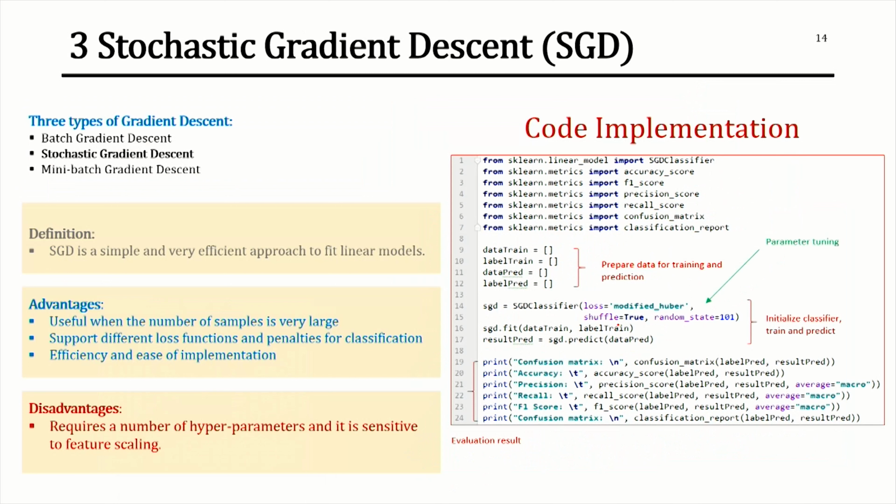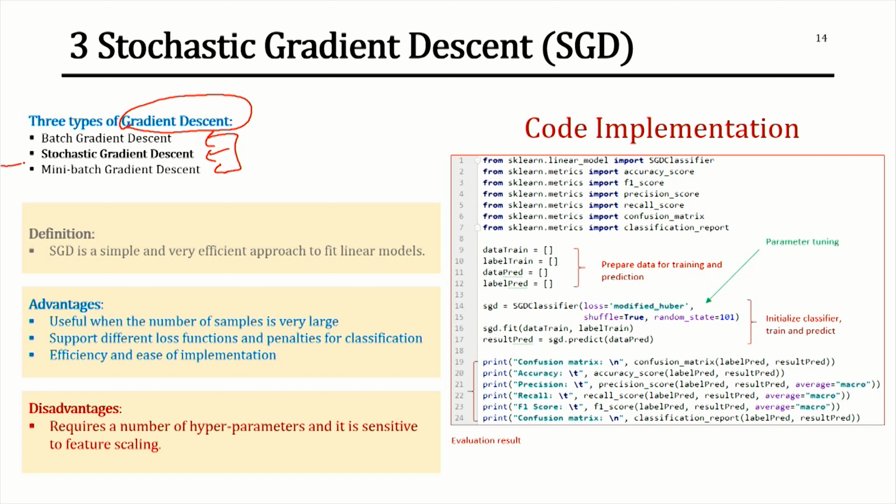And next we take a look at the third classifier, stochastic gradient descent. Actually, this type of technique comes from gradient descent, which is divided into three main categories. We have batch gradient descent, stochastic gradient descent, and mini batch gradient descent.